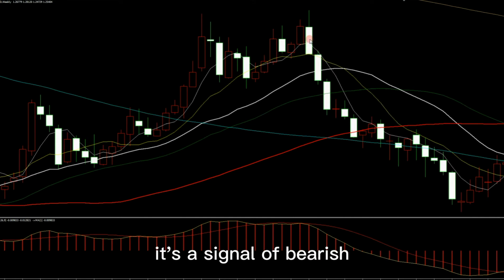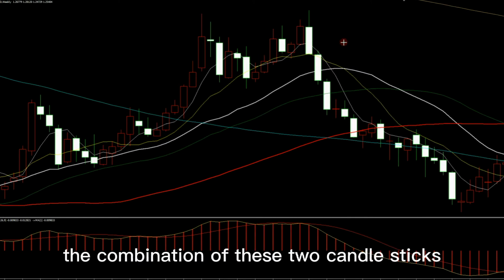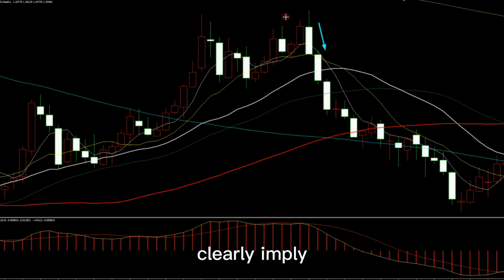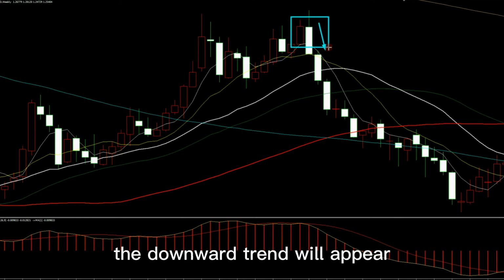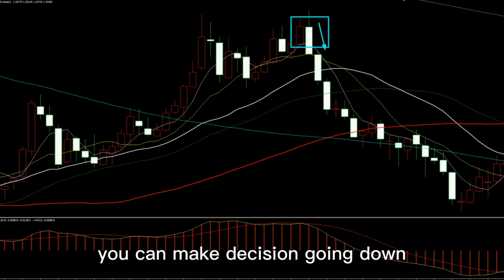It's a bearish signal. So at this moment, the combination of these two candlesticks clearly implies a downward trend will appear. So you can make a decision of going down.